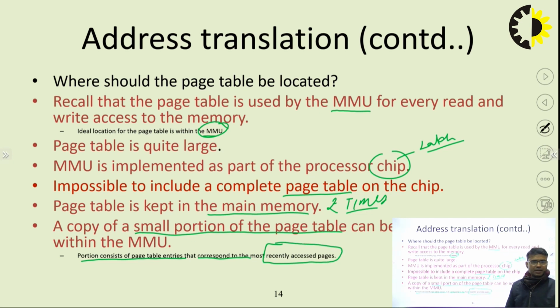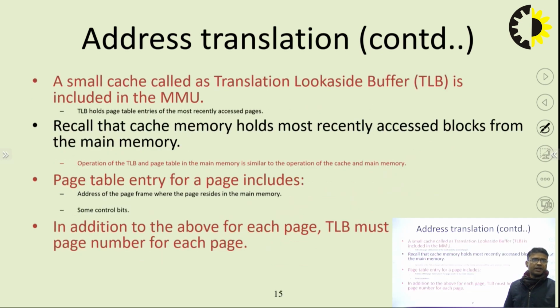As we have done in cache management, where least recently used blocks are removed, likewise the most recent page references in the page table are brought into this small hardware, so that we can easily refer to it. So, it is a small cache, and that particular cache is called the translation lookaside buffer, and it is a part of the MMU.